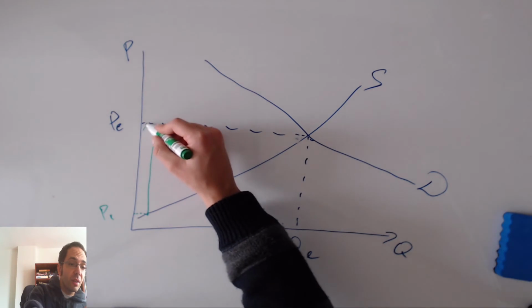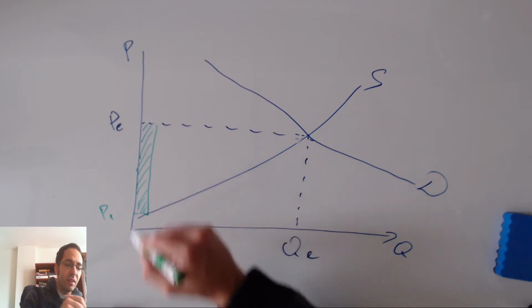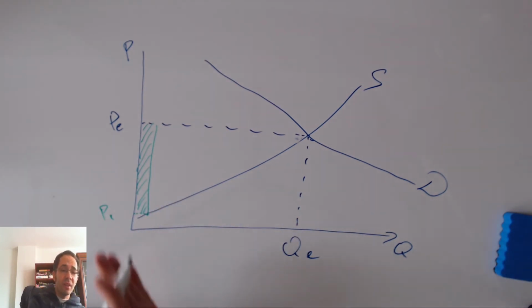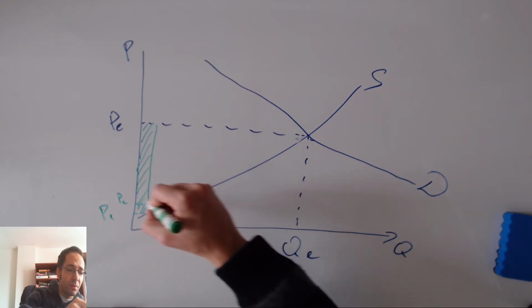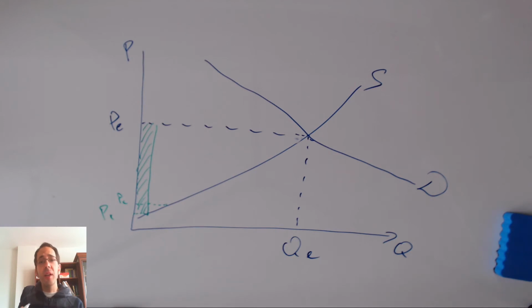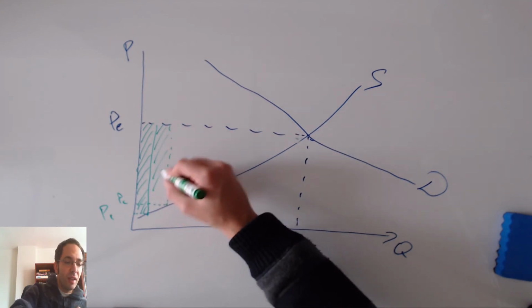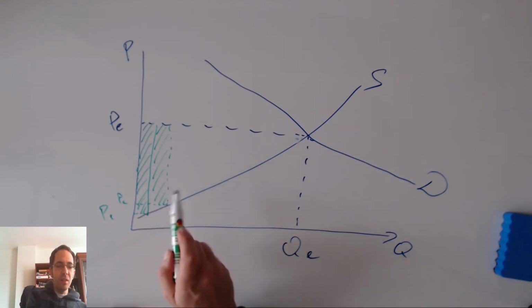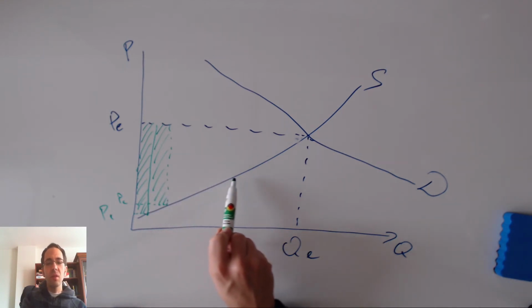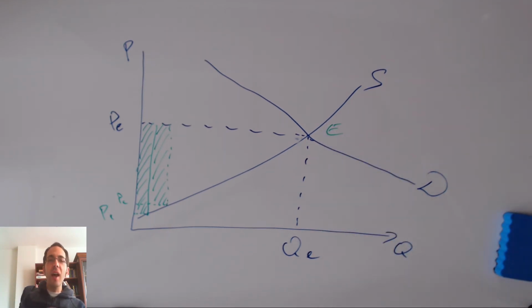So this difference, we will not call profit. Profit is different. But this will represent the producer surplus for that first firm. For the second firm, let's say they will be willing to sell it at the price P2. But of course, they'll benefit from the higher market price, and they'll get, again, this difference. And this will be the producer surplus for the second firm. And you can do incremental steps until you reach the equilibrium point and see how much every item is benefiting its producer.